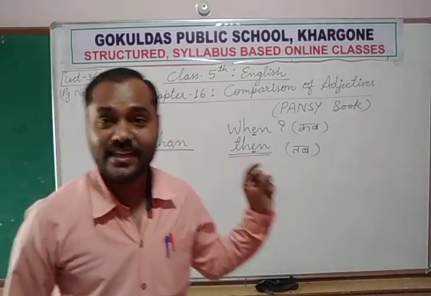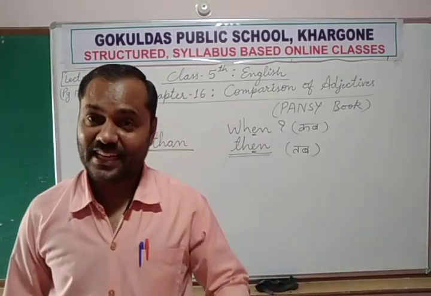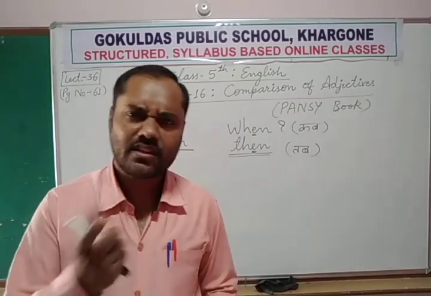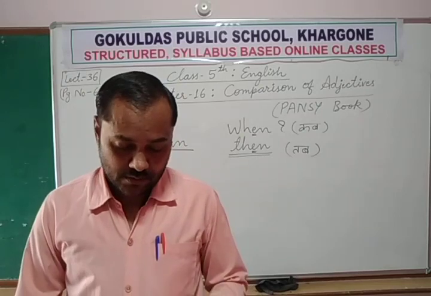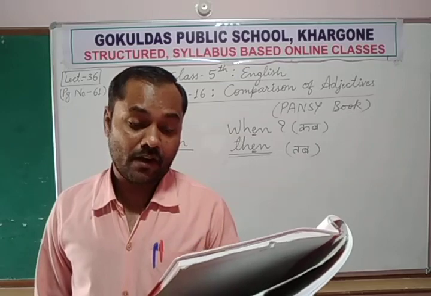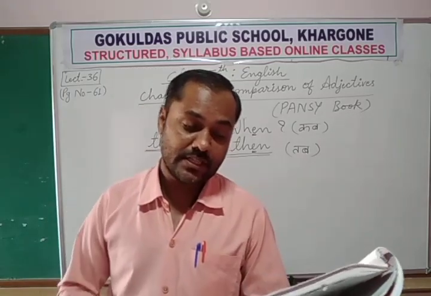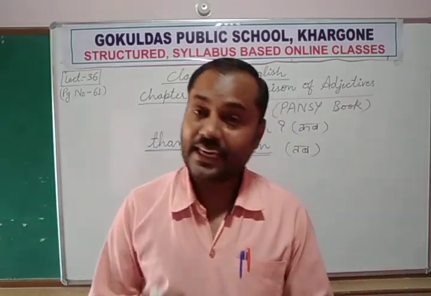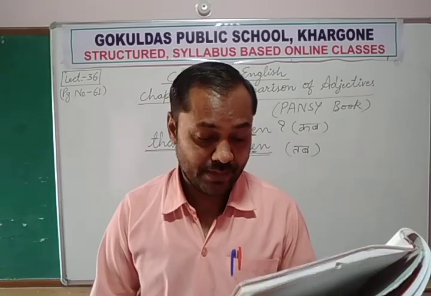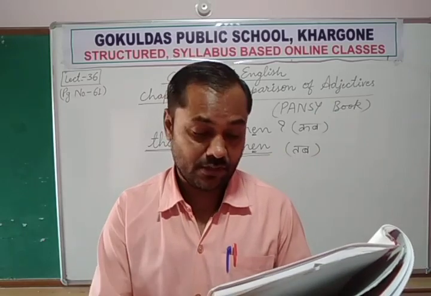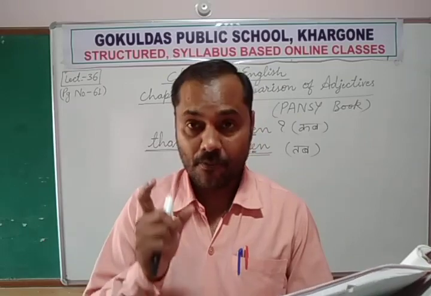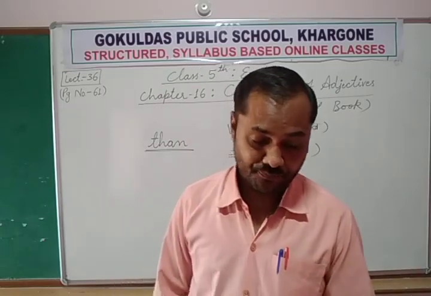Taller is an adjective of comparative degree. Taller, higher, greater, these are comparative degrees. One more example: Asia is larger than Africa. Again, THAN is used here, and the comparative degree of the adjective is larger.